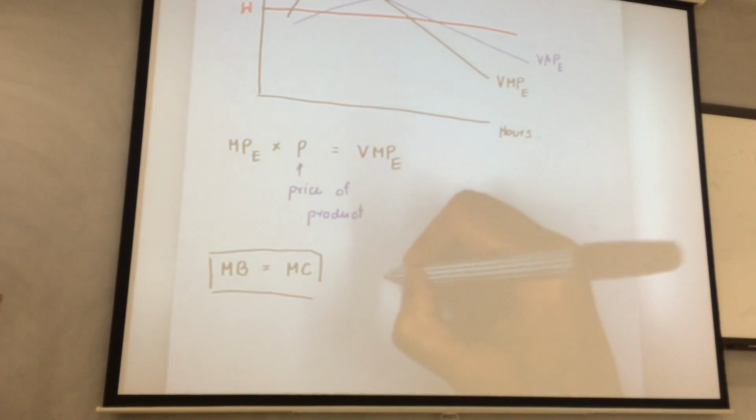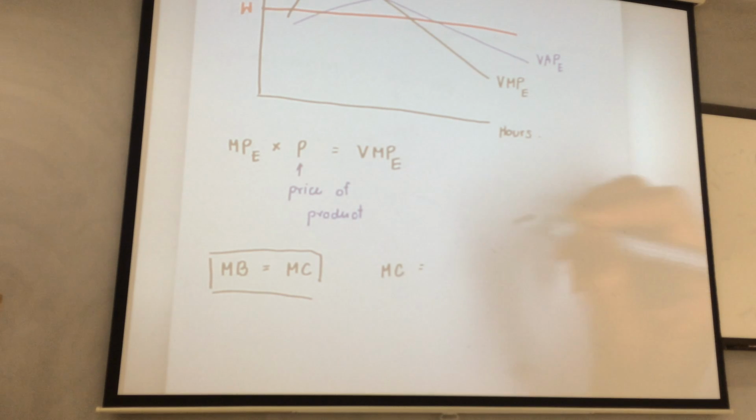We already said marginal cost would be equal to the wage, right? So if you have to pay this much for 1 hour, that would be your cost of having a worker work 1 more hour. You have to pay this much more.